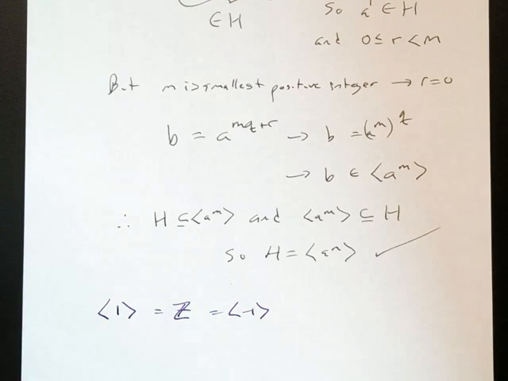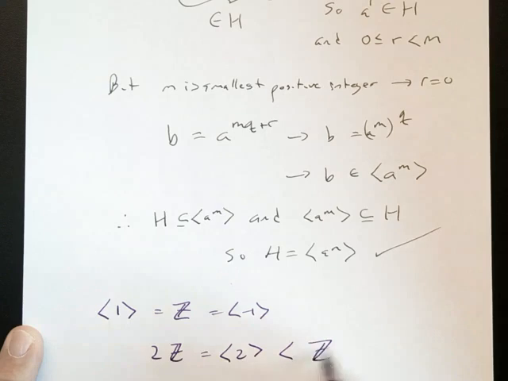Pick a number that's not 1 or -1 that's in the integers. The smallest possible positive integer you can make out of 2's is 2. Look at all the multiples of 2. I don't care what integer you pick.